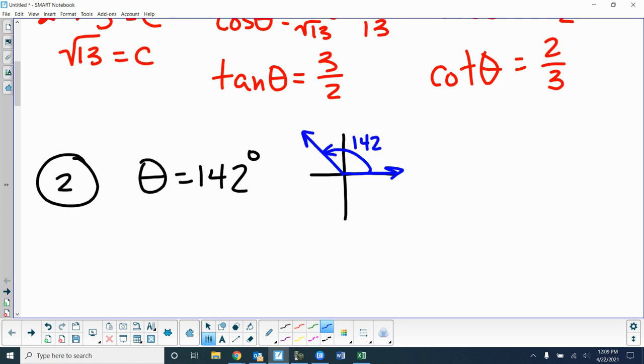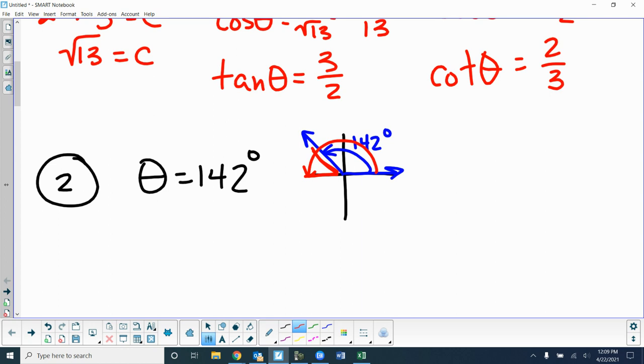So that's 142 degrees. Reference angles are always between that terminal side and the x-axis. So this is what I'm looking for, that angle. So how far is it from the initial side to there? 180, right? We all know that, right?